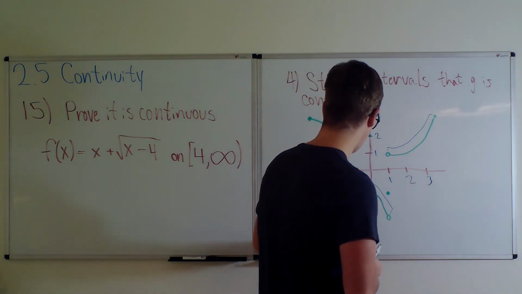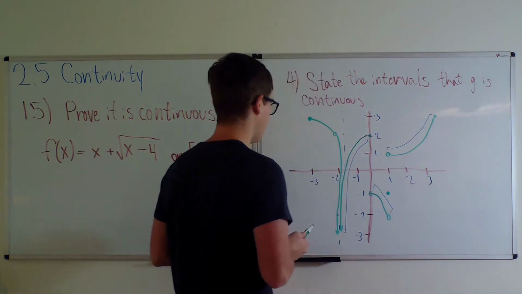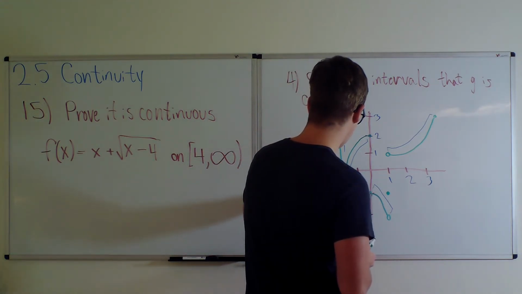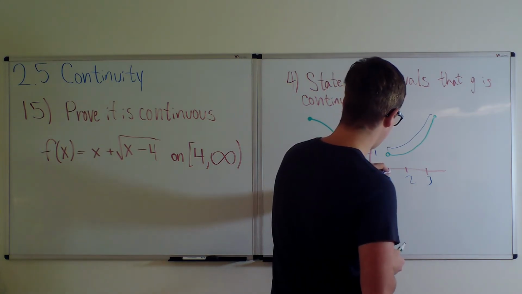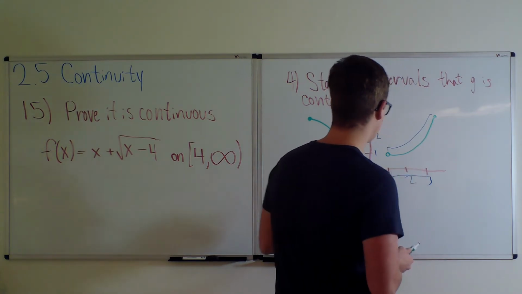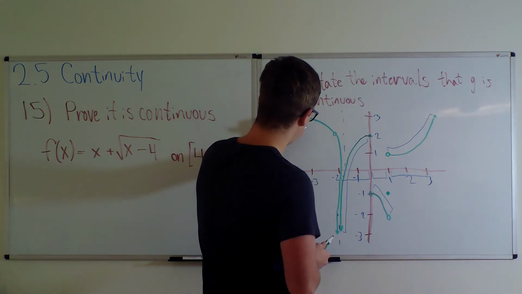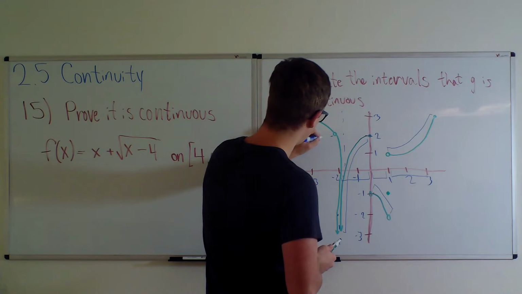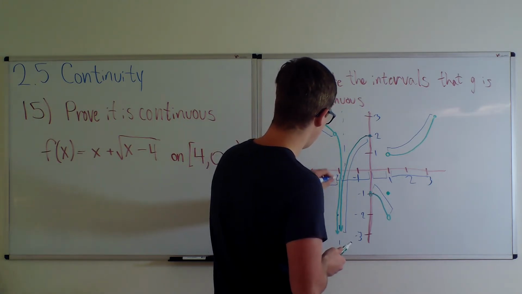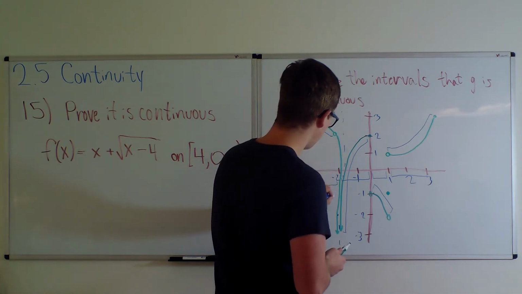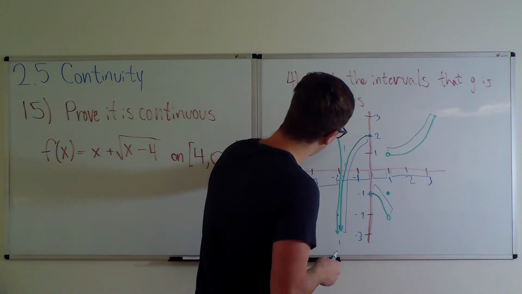So from here to here, and then there's a point here, so from here to here. And then from 2 down all the way. So we'll say this point is at 2.5, right?